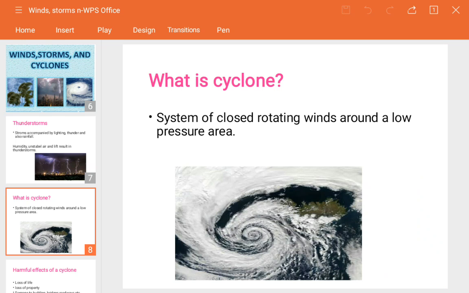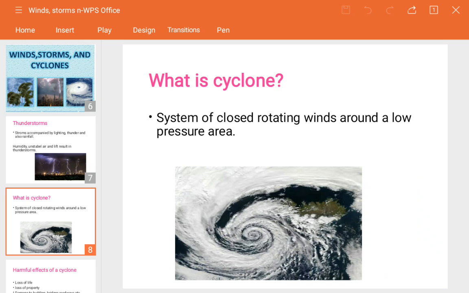So water vapor in clouds gets converted to liquid water and heat is released, and the air is warmed up. In this situation warm air rises up, as we have just seen in the thunderstorm, the lowest layer of air which is very warm. The same thing: warm air rises up and a low pressure area is formed at the center, and more cool air converges towards the center.